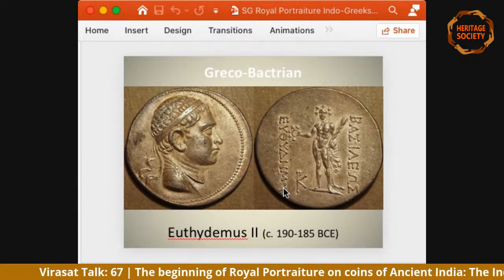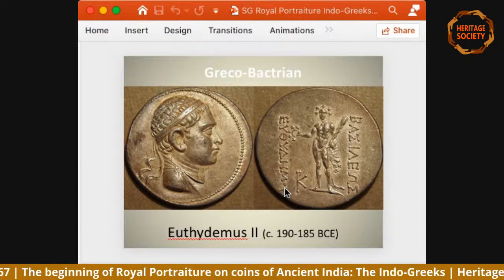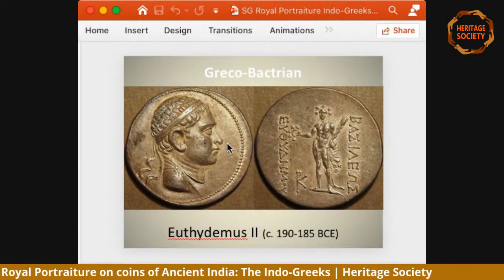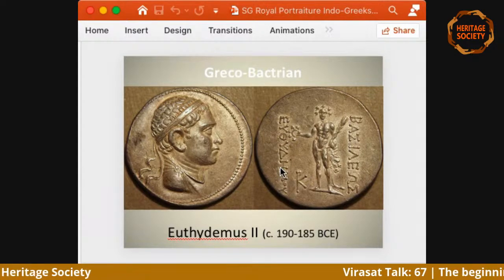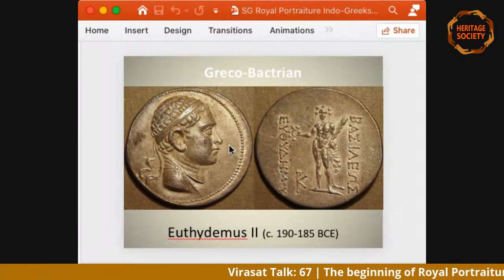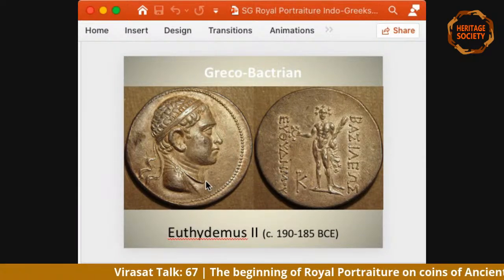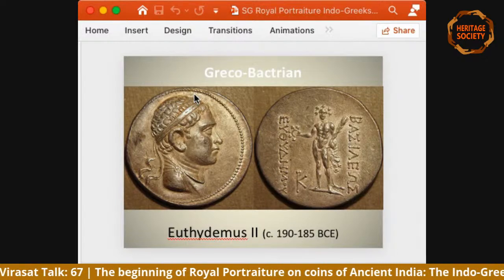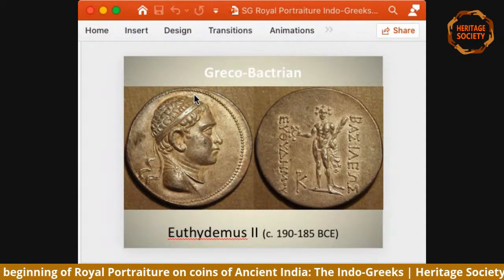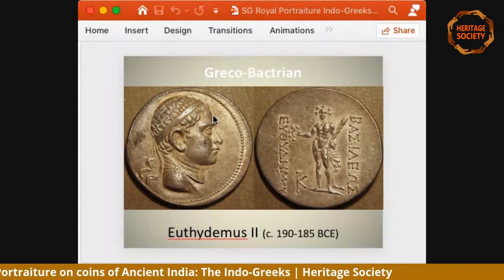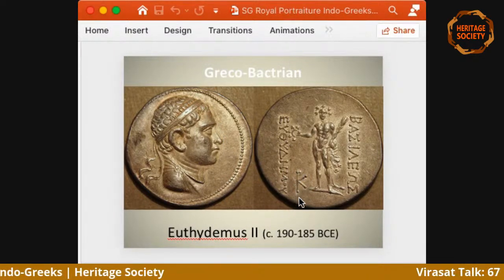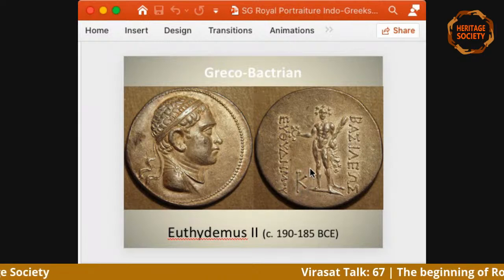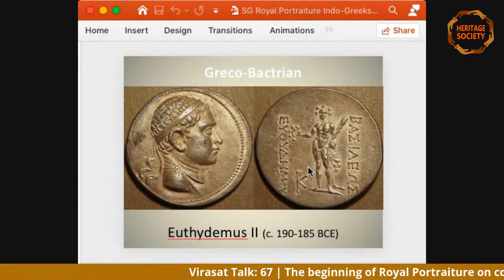Now, something important about this is that we have got a coin with the same name earlier also, which is identified as Euthydemus I. But here, again, on the basis of the portrait, we are able to place it in a later period. There are other evidences also which support this assumption. And one of them is the use of this tamga or the emblem, which differs from ruler to ruler.